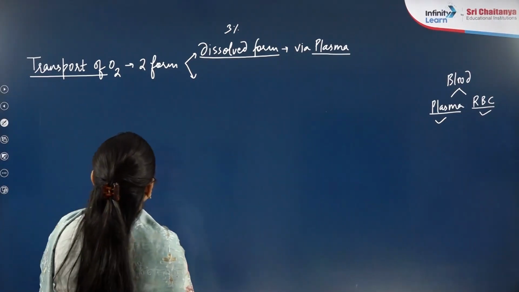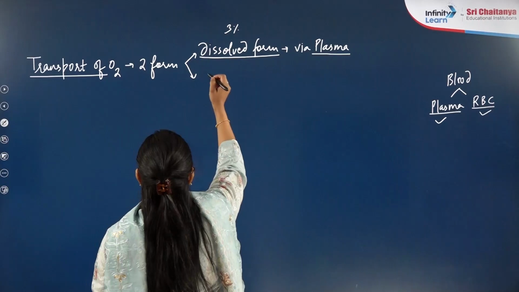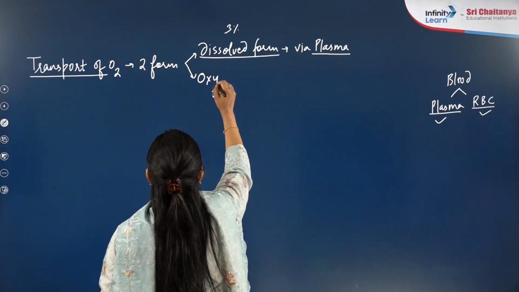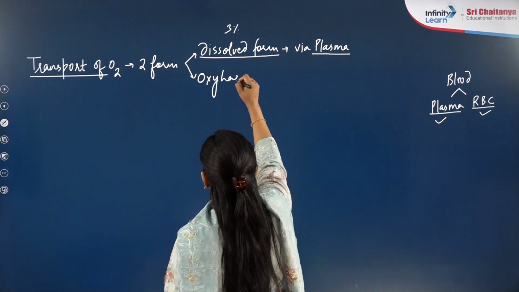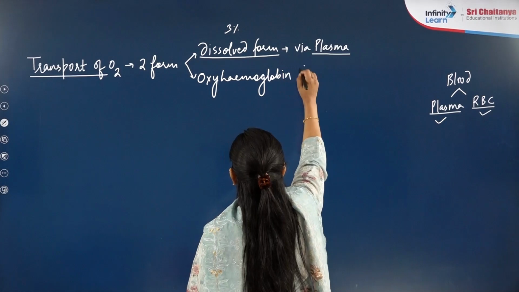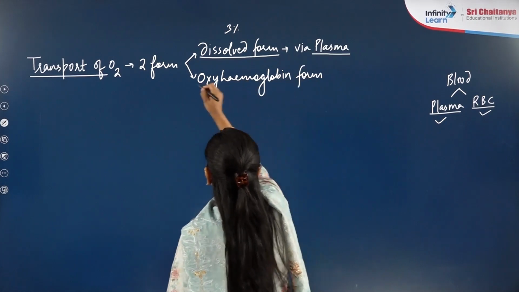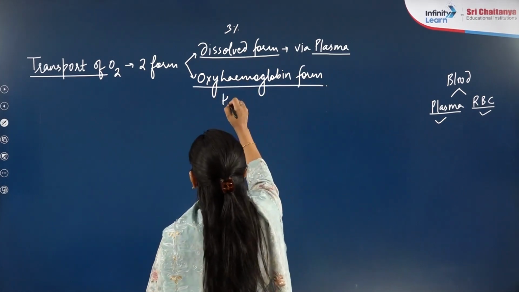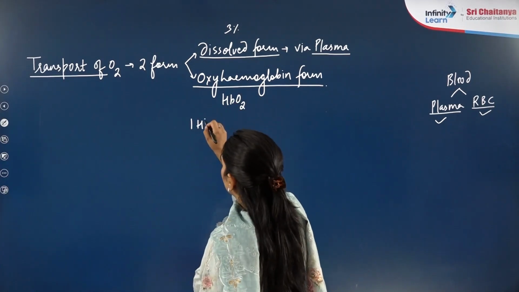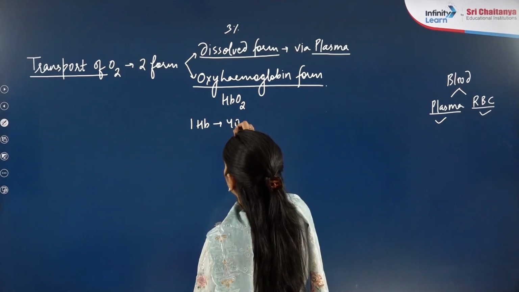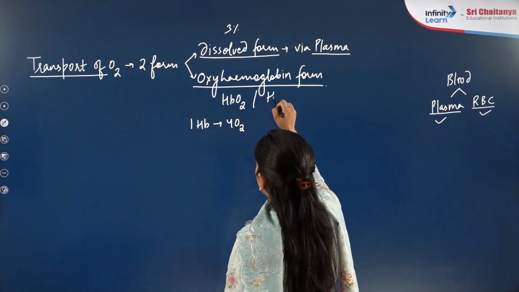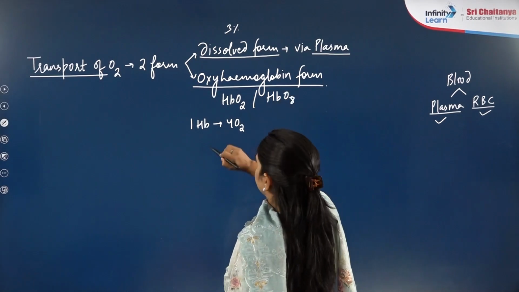Now, the second form is the oxyhemoglobin form. What is this oxyhemoglobin form? You can write it as HbO2, or you can also write it as one hemoglobin molecule binds with 4 oxygen, that is HbO8.